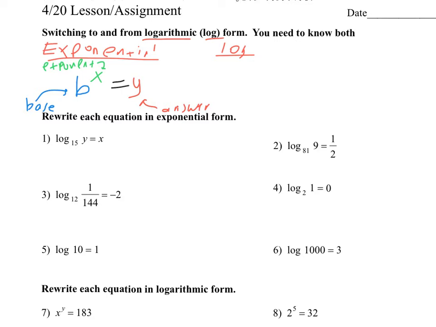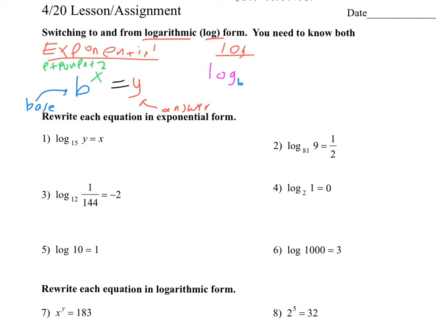Now, when we switch this into logarithmic form, first of all, we're just going to have to write the word log. So whenever you're in log form, there's just going to be written the word log. And then every log has what's called a base. The base is written in subscript, and the good news is it's the same as the base over here.